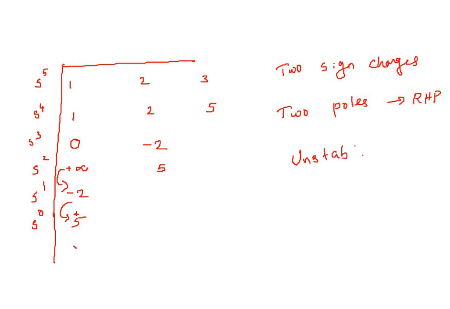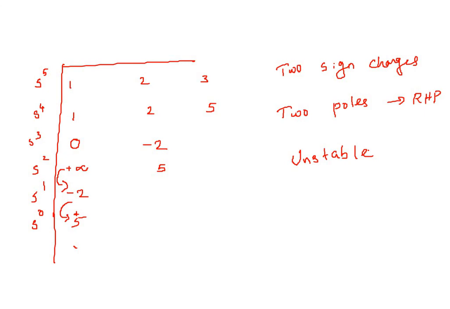The system is unstable. So when an element in the first column of the root table is 0, you have to replace it by a very small positive number epsilon, and complete the root table by substituting epsilon.